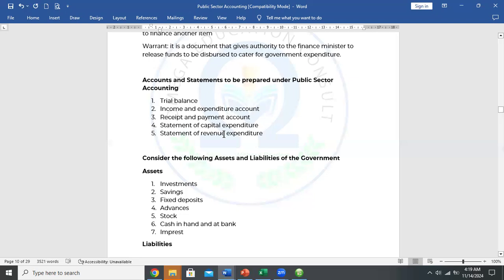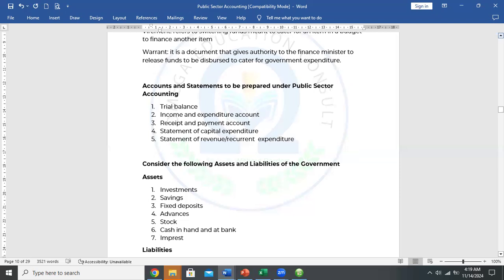Now, the revenue expenditure is the same as the recurrent expenditure I spoke about. Okay. Yes, Professor, you go ahead. Mr. Ma, please, can you go back? Is it because you want to write something? Because I'll share the notes with you. Don't worry, I'll share the full notes with you, okay?